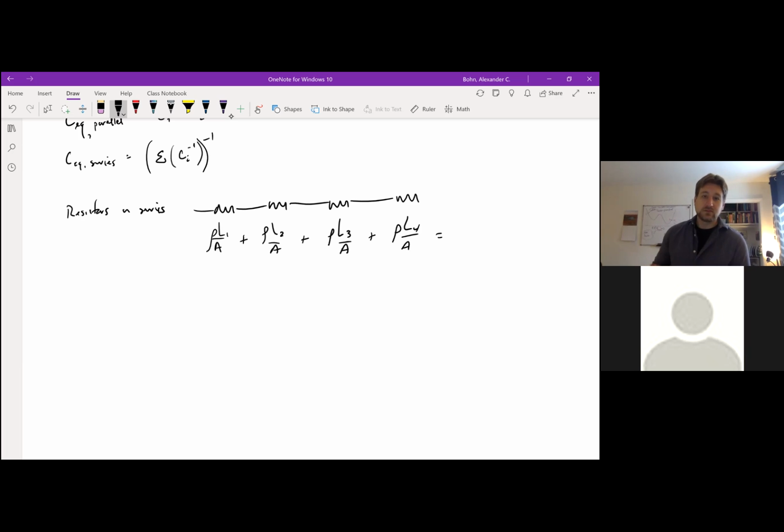So the total resistance of the whole thing is just the sum. So the equivalent resistance of resistors in series is the sum.